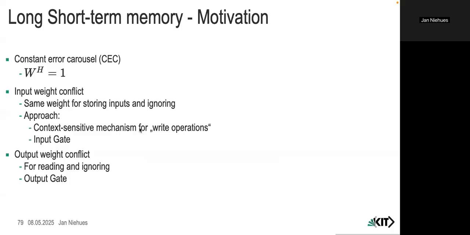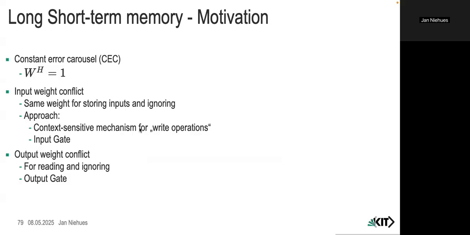Furthermore, there are these conflicts, for example for the input weight into your network. On the one hand, you have the same weights for deciding whether we want to store this information in the network and which information we want to store, and whether you want to use the information or not. It's not that we separate them. So should we store this information or not?